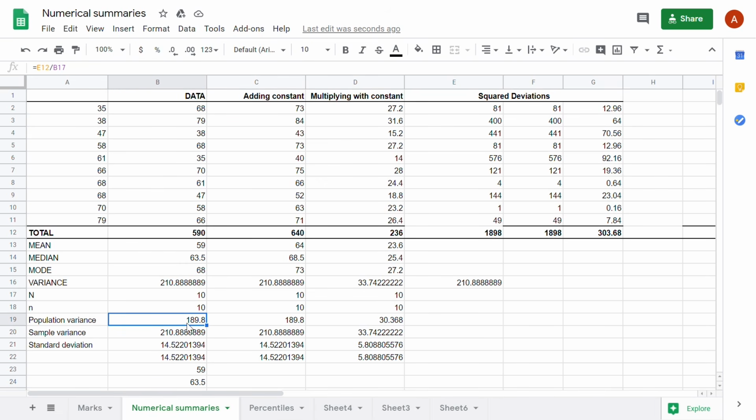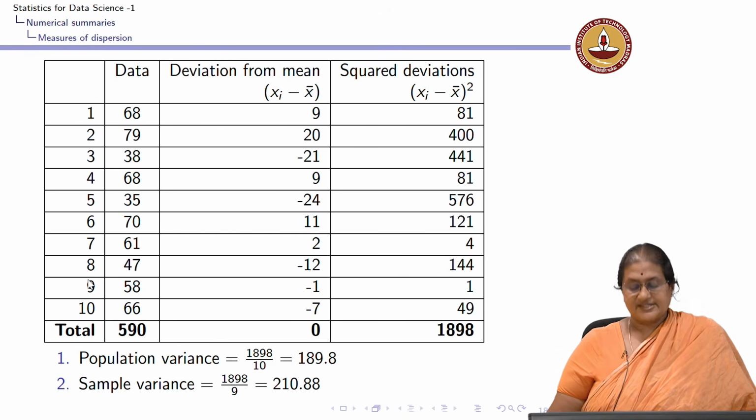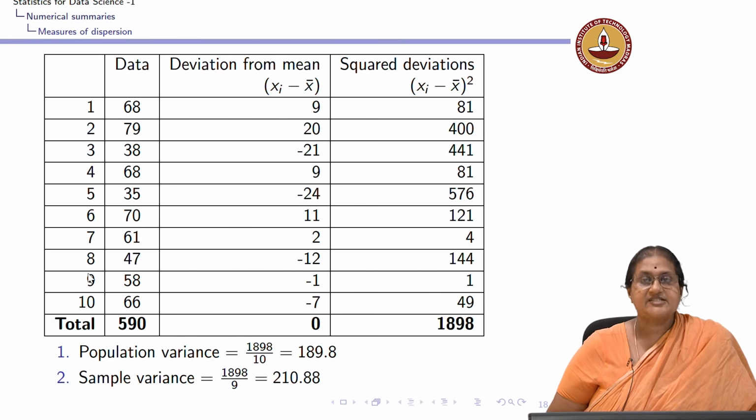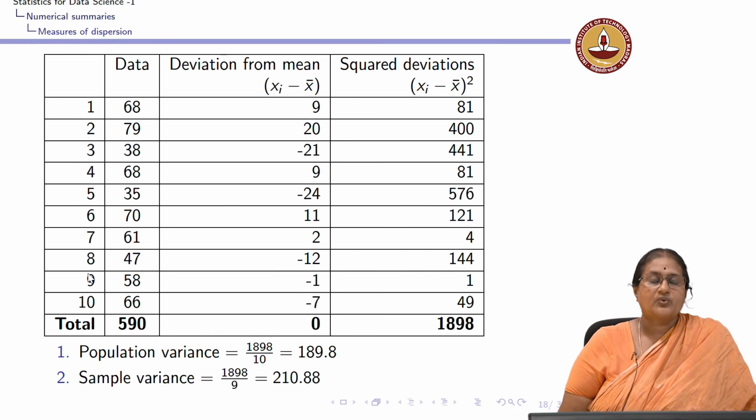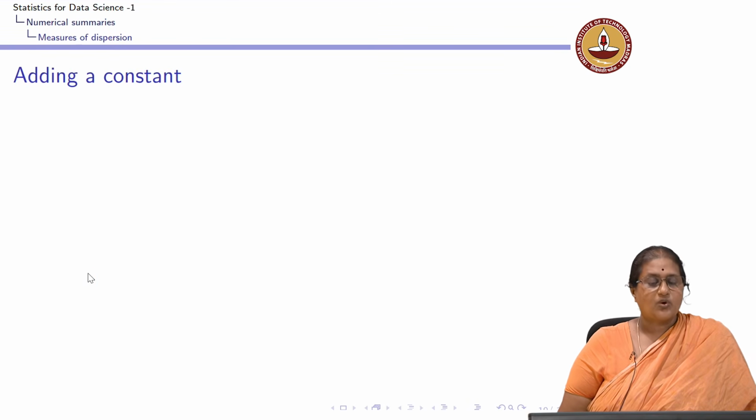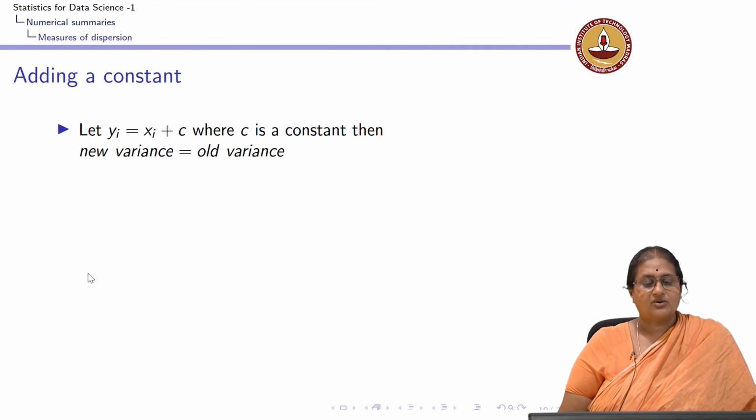Now, as in the earlier case, let's see what happens to the variance when we manipulate the data set. What we mean by this is, what would happen if I add a constant, or multiply each one of the values by a constant? So what would happen if I add a constant?